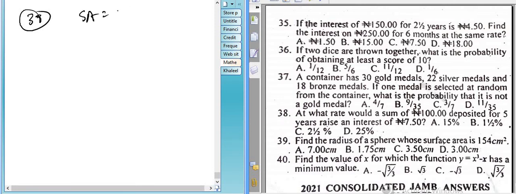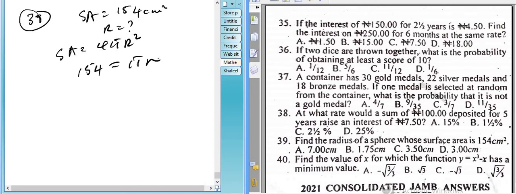So question number 39 says find the radius if the surface area is given as 154 centimeter square. This surface area for the sphere is given as 4 pi r square.